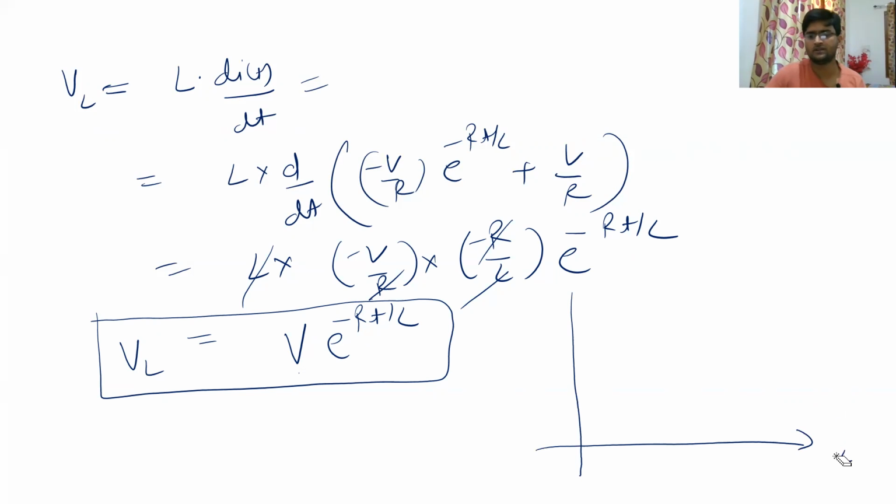So if you plot it, this is t, right? If you plot this equation of VL, you will get a value at t equal to 0. Definitely it will start from V, which is the source voltage, and decrease to 0 at the steady state.